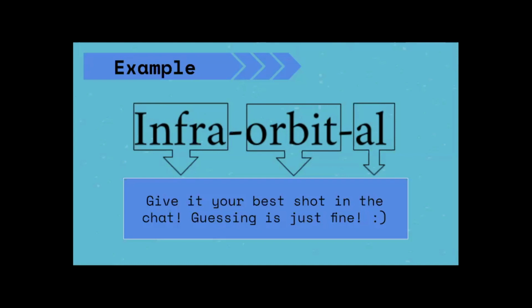Okay, so just whatever you think, just type it out in the chat and we can see if you guys are correct. We'll go over some more examples of this, but for right now, just do your best guess.